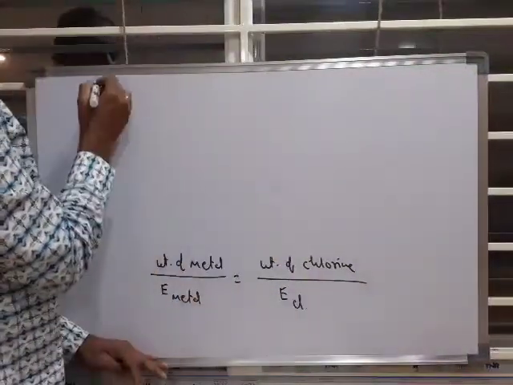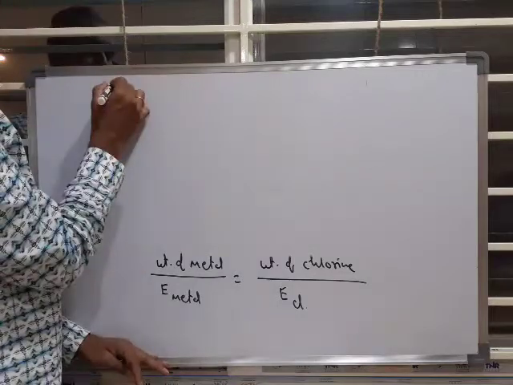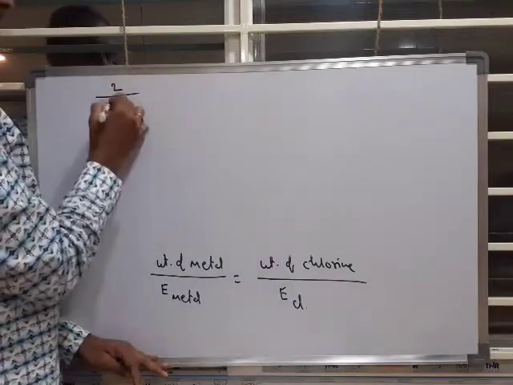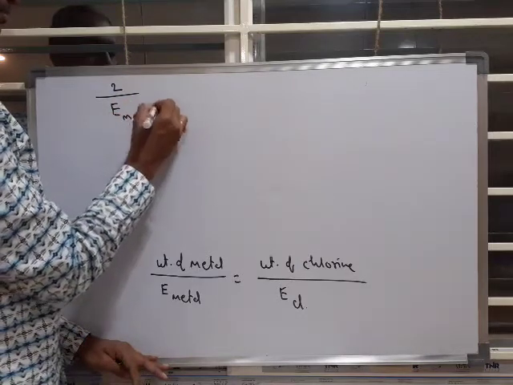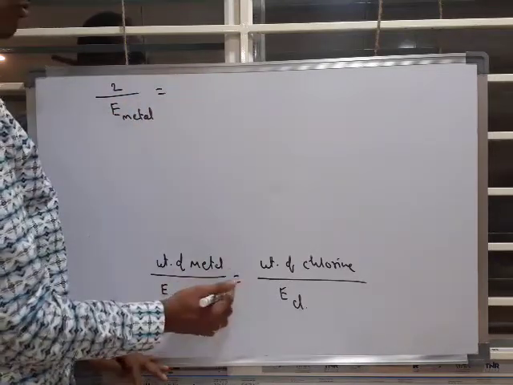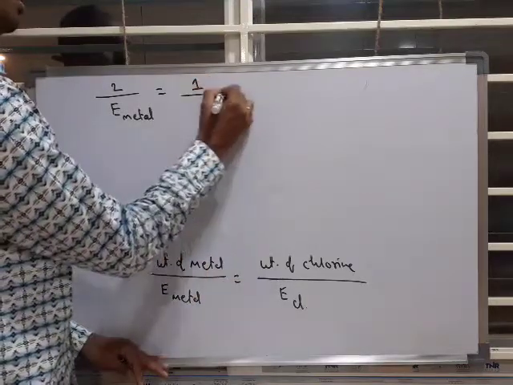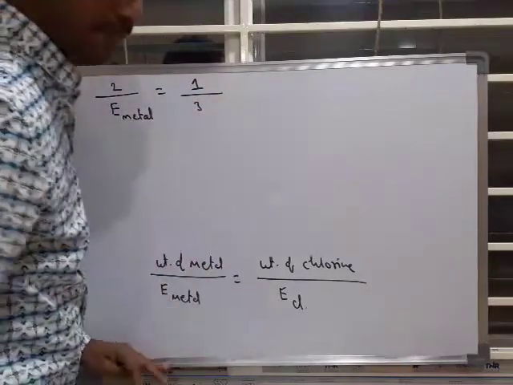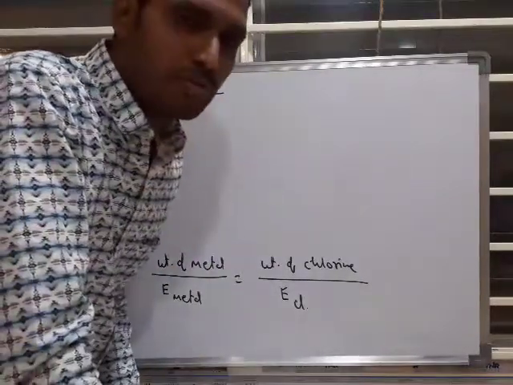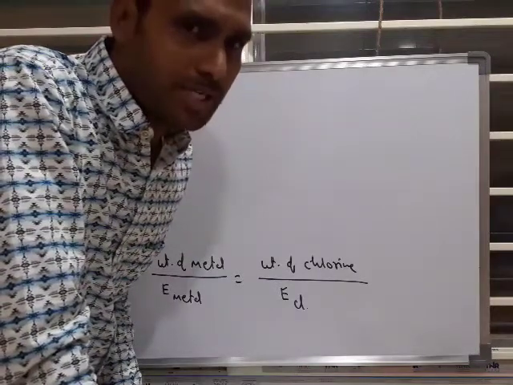See, weight of metal is already given: 2 grams of metal is produced, divided by the equivalent weight of metal, is equal to weight of chlorine, which is only 1 gram, by the equivalent weight of chlorine. For elements, the equivalent weight is atomic weight by its valency.